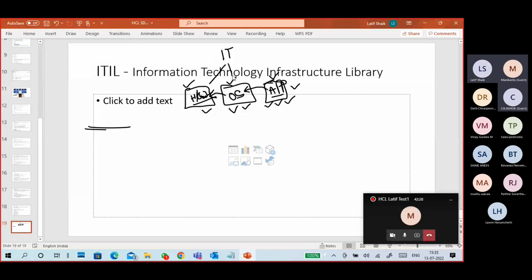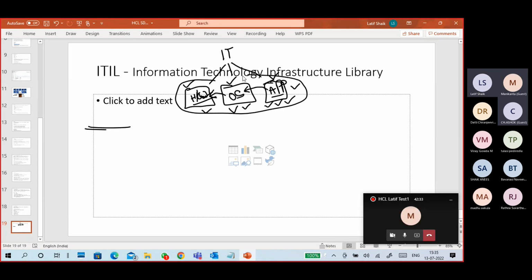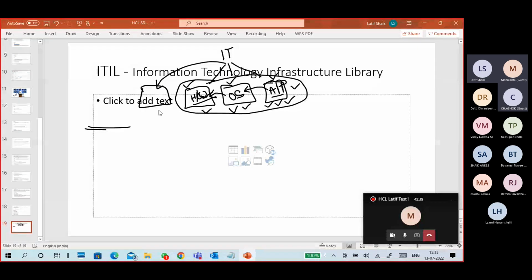We thought the IT industry is only in this area, but the IT industry also expands into different things nowadays, like customer care, business process outsourcing, BPO, KPO.